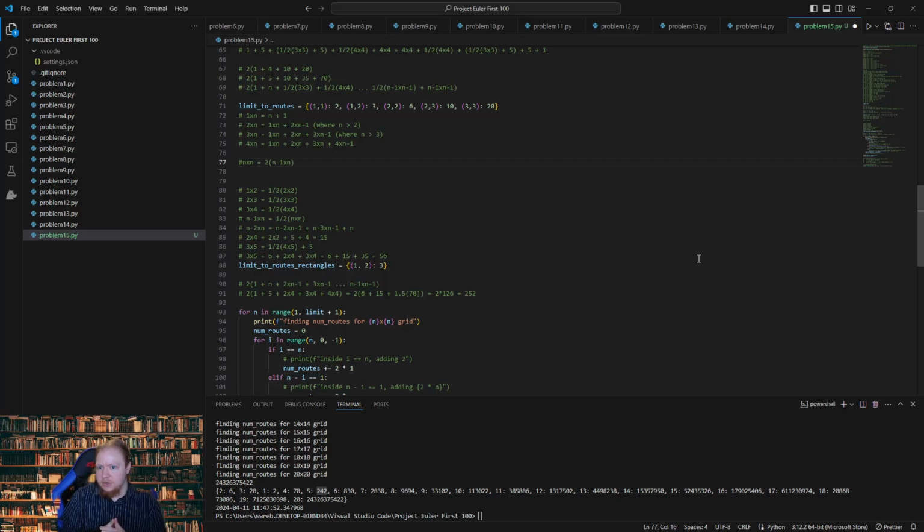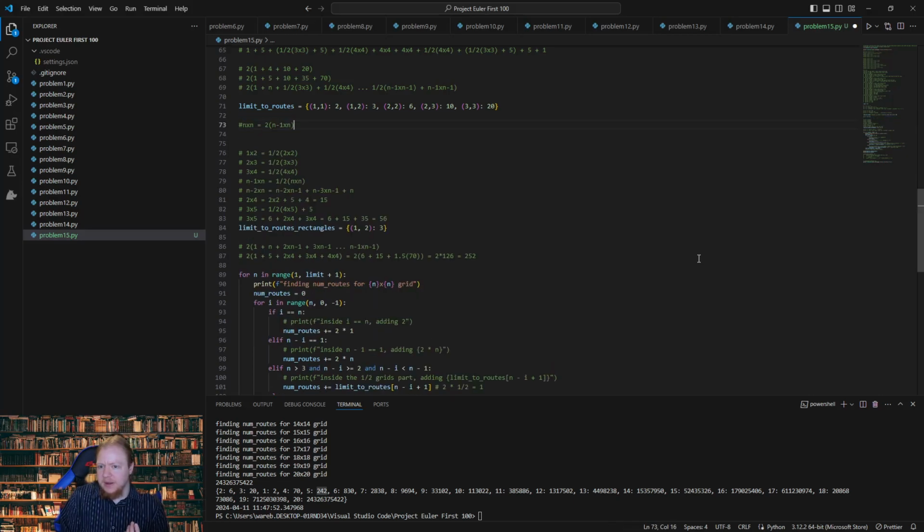That is... tricky, isn't it? So this is not correct. And I'm just gonna go ahead and delete this. But n by n is equal to 2 times n minus 1 by n. N minus 1 by n.